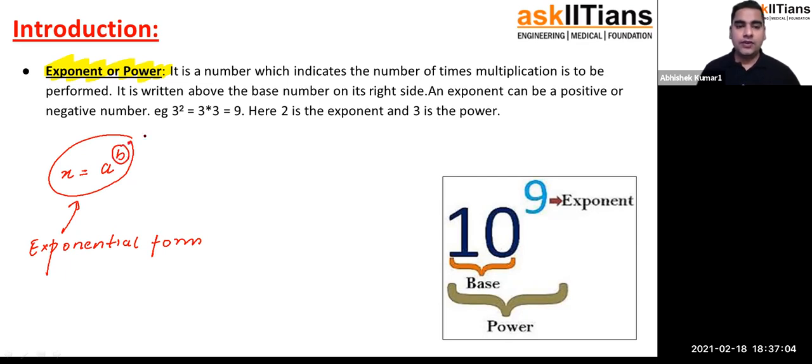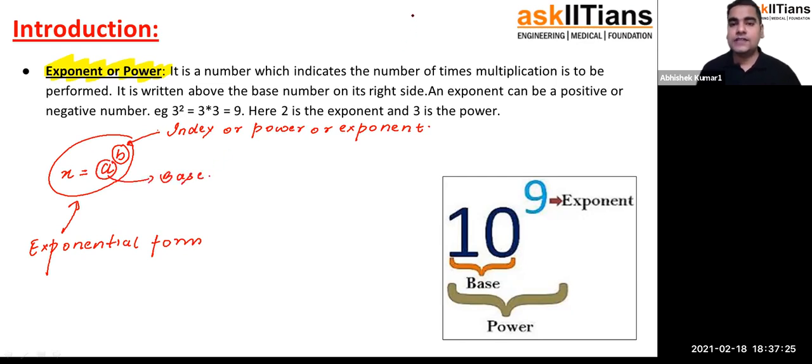This value b that you have is called index. Some people call it index, some people call it power, or some people call it exponent. You can call it anything you like, but generally we call it power. This value a that you have is referred to as base, or base value, whatever you want to call it.